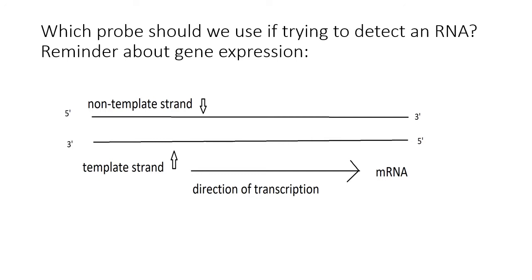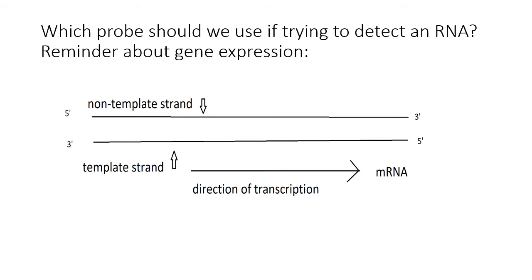It's double-stranded, and we have a non-template strand and a template strand. When transcription occurs, the RNA polymerase will start copying the template strand, in this case the lower strand, and move off in a 5' to 3' direction on the RNA that's being synthesized. So I've diagrammed the RNA with its direction of transcription.